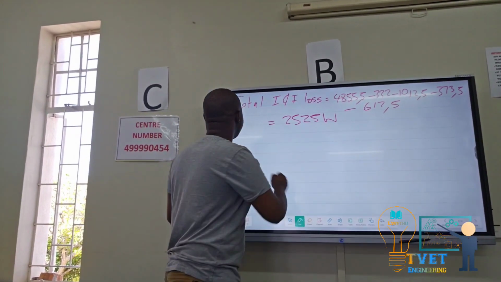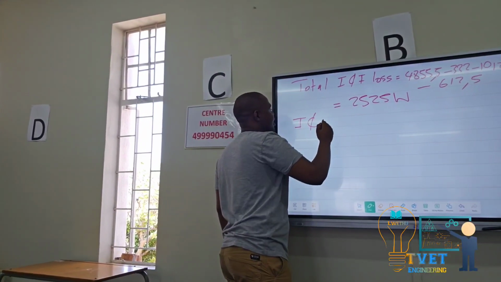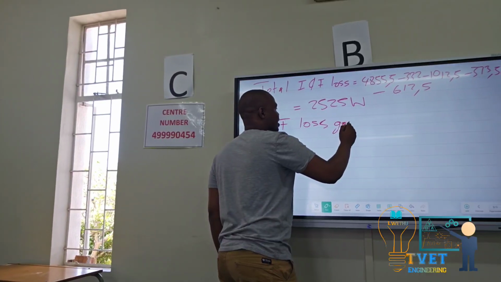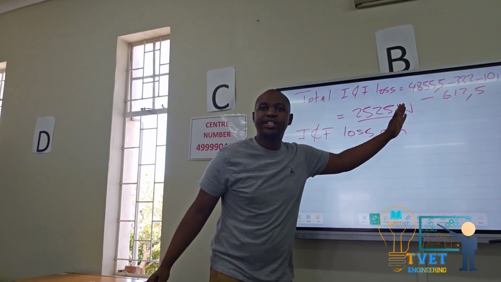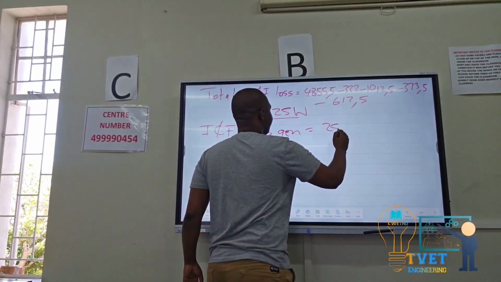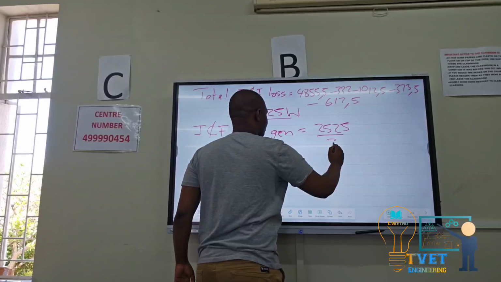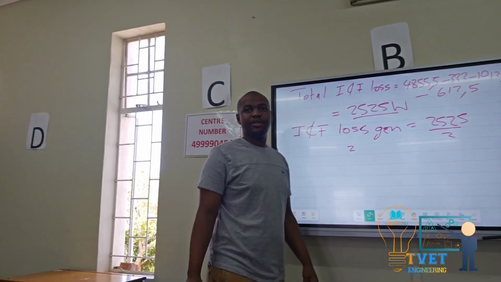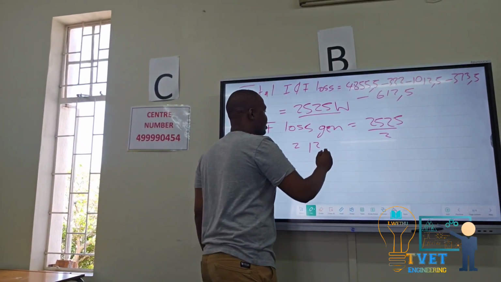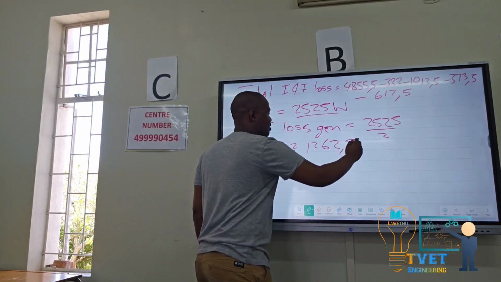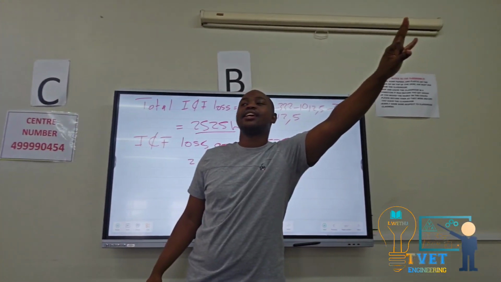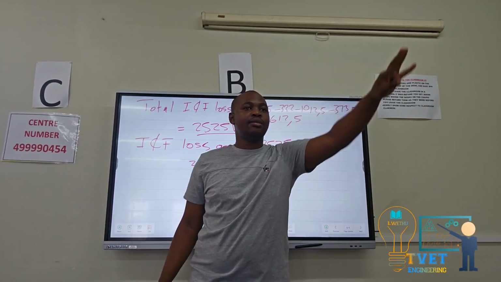For each machine, I take the total amount and divide it by 2: 2525 divided by 2 is 1262.5. I have found my third loss.